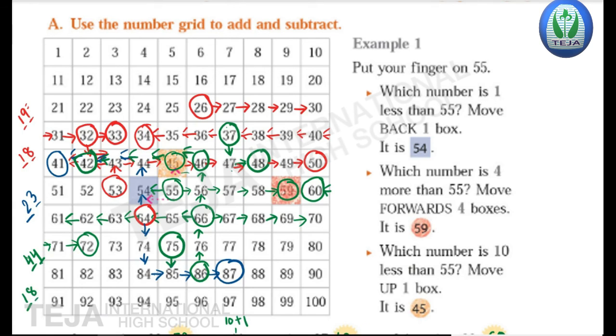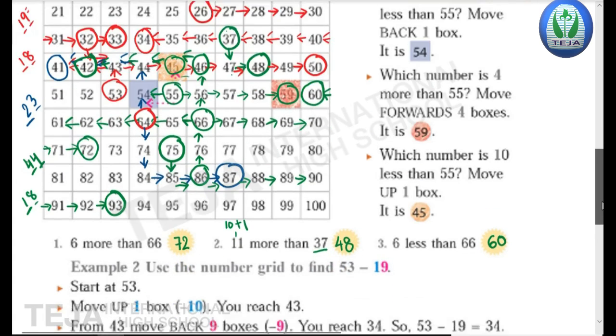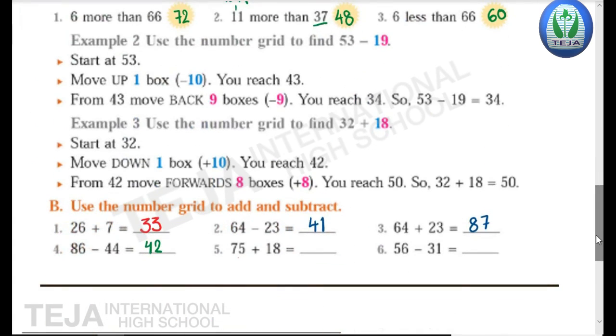And in ones place 8 is there. So move 8 boxes forward. 1, 2, 3, 4, 5, 6, 7, 8. So where did you reach? 93. That is 75 plus 18 equal to how much? 93. So write 93 in the blank.